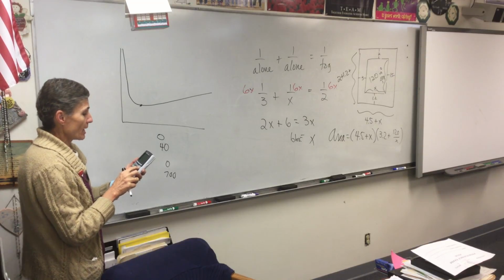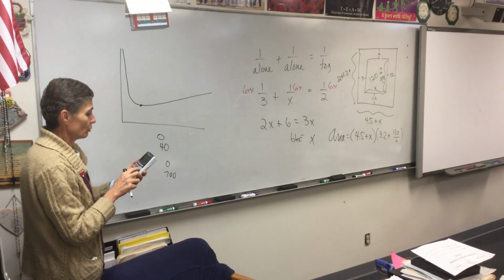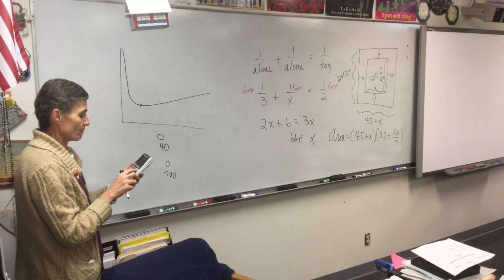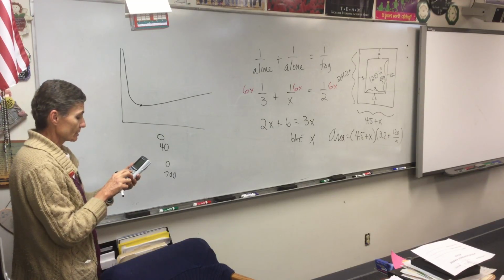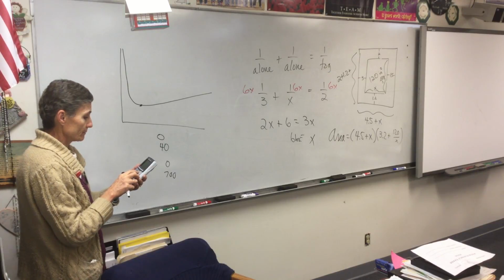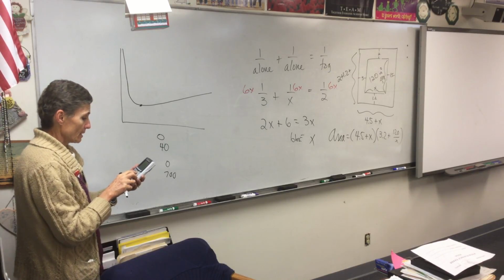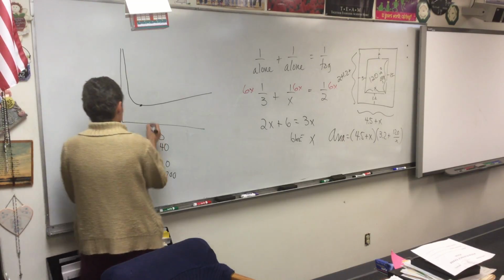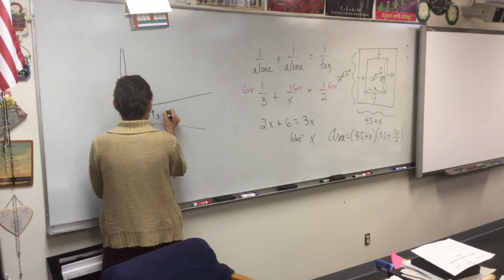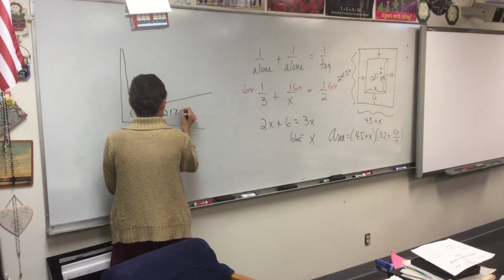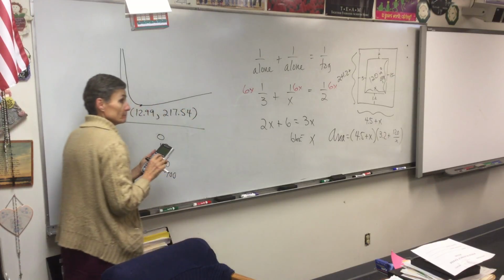Mine's a little bit jagged, so I'm making sure I have the low point. I'm setting my bounds nice and big. And I got 12.99 comma 217.54 basically.